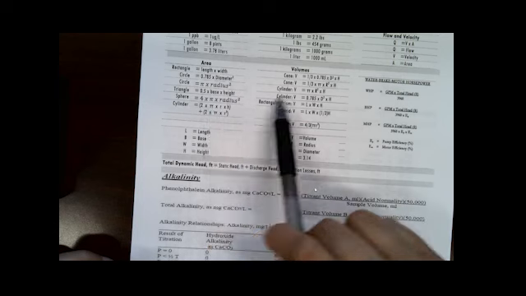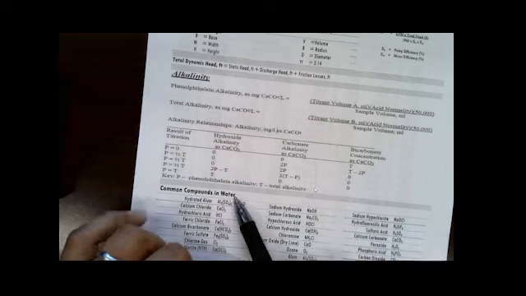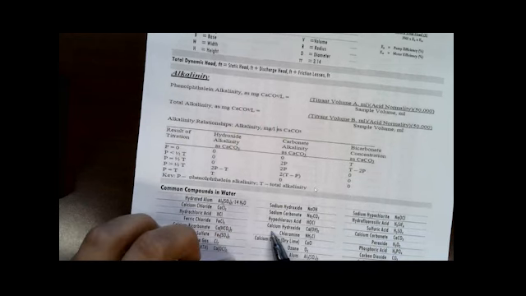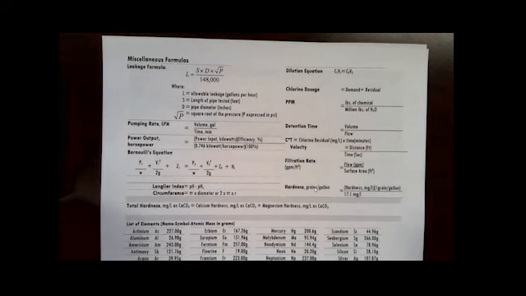You have your area equations here, volumes. You have your horsepower equations. You also have your total dynamic head equation, some alkalinity information, some common compounds in water and their chemical formulas. We also have some miscellaneous formulas such as the leakage formula, the pumping rate, etc.